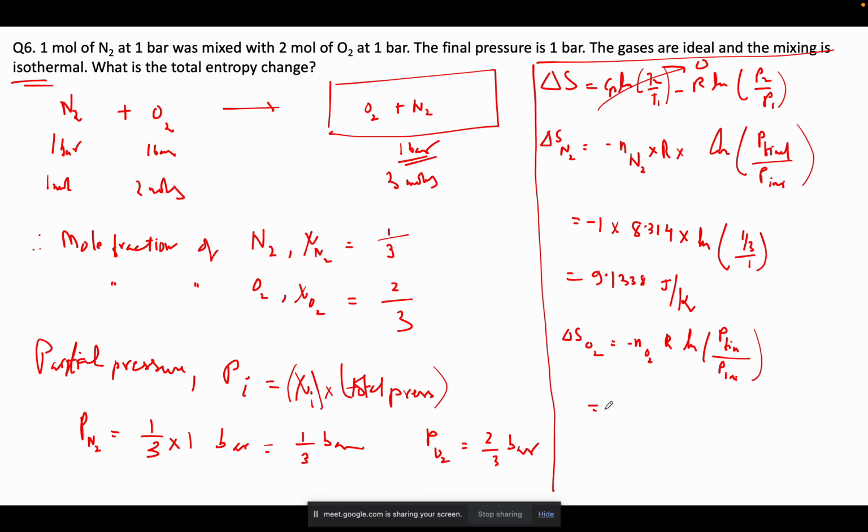So that is 2 into 8.314 into ln of 2 by 3 by 1, which is 6.7420 joule per Kelvin.